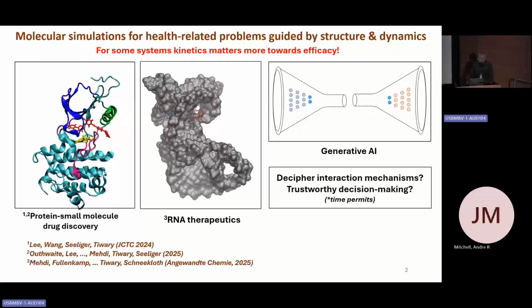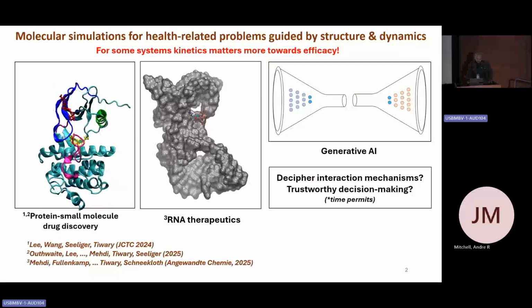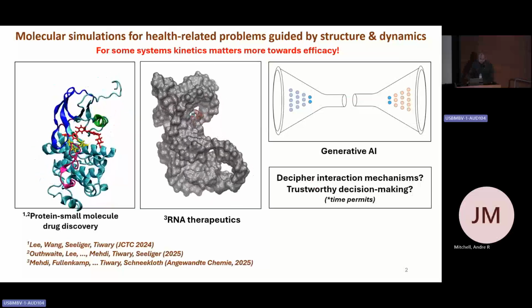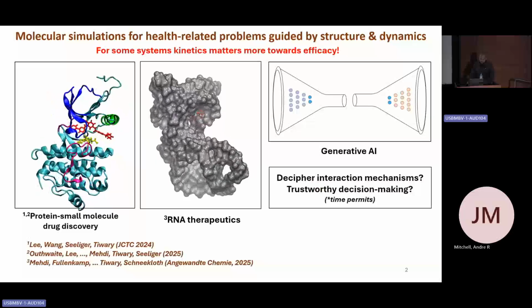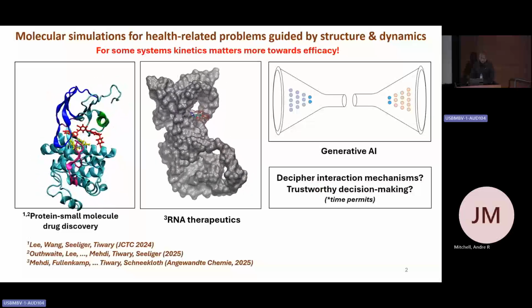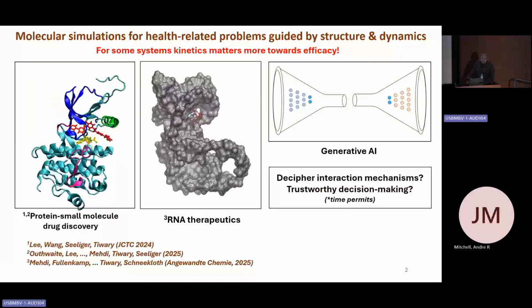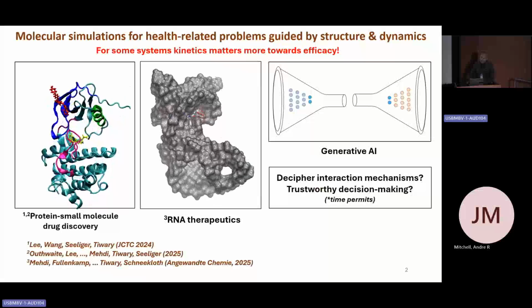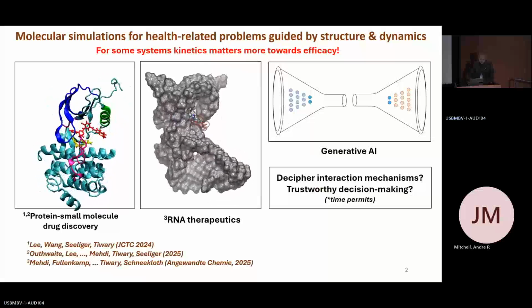I'm very excited to talk about the applications, but I'll also go briefly over the framework, or how it works. And if time permits, I will also go over how we are extracting the interaction mechanisms out of the molecular dynamics simulations. This also relates to transparency, or how we can comment on the trustworthiness of our models.